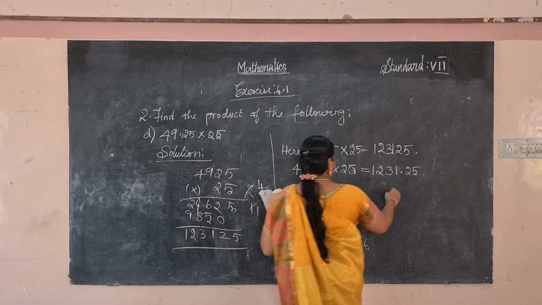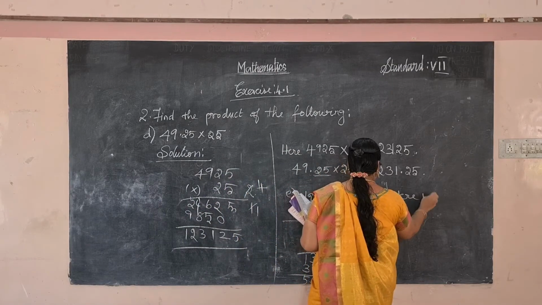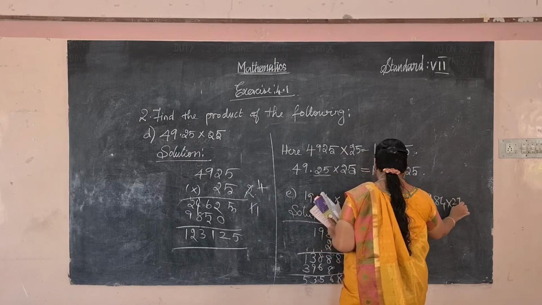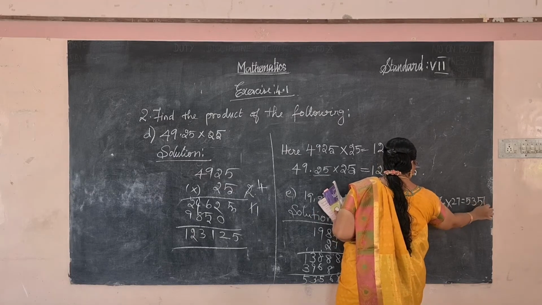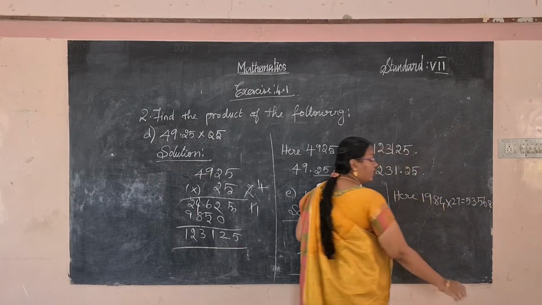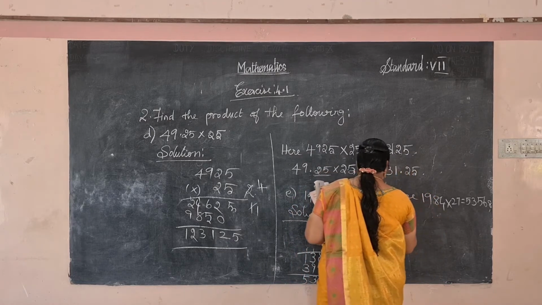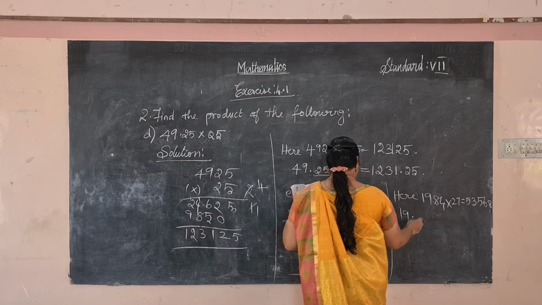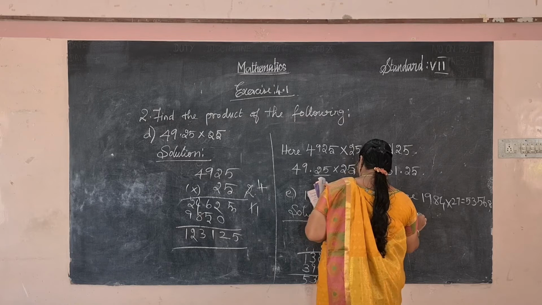53,568. What is that value? The value of 1984 into 27 is equal to 53,568. So 19.84 into 27, what is the answer?